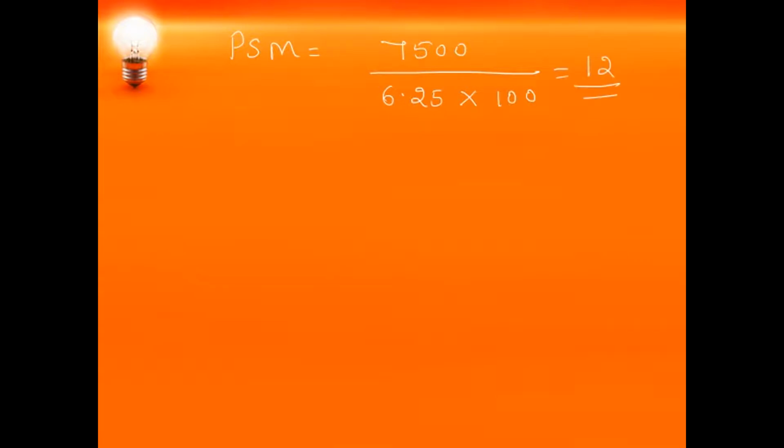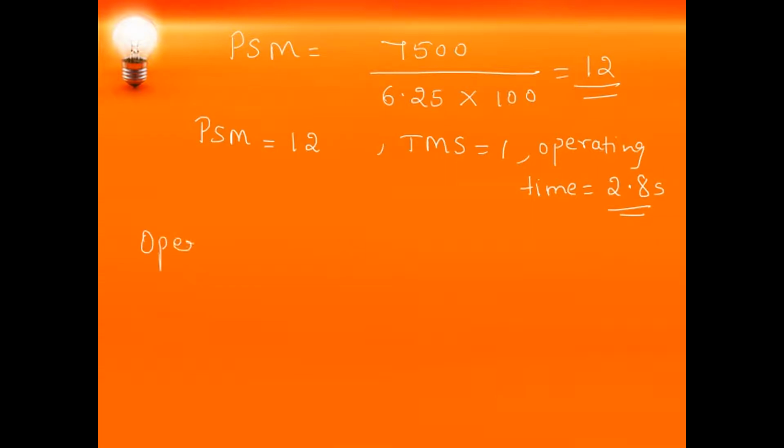So if you look at the curve for a PSM of 12 and TMS 1, that curve is for TMS 1. So the operating time is 2.8 seconds. So what is the operating time for a 0.4 time setting?